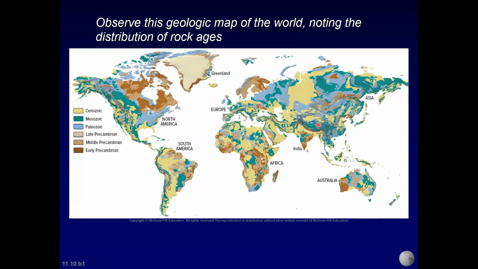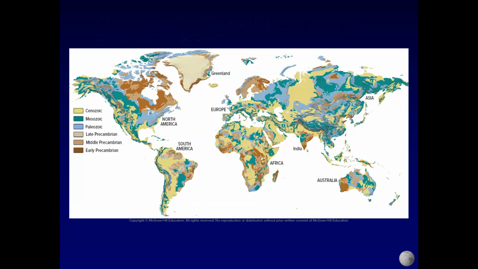India has a lot of Precambrian rocks, which were once part of Gondwana, and rifting broke up that shield. Africa has several Precambrian shields, which collided in the late Precambrian and the start of the Paleozoic.